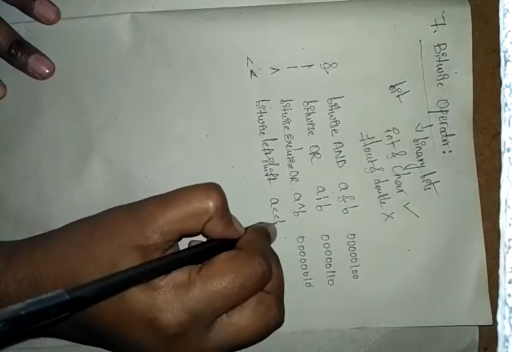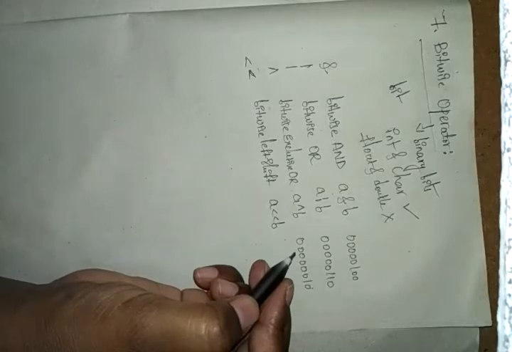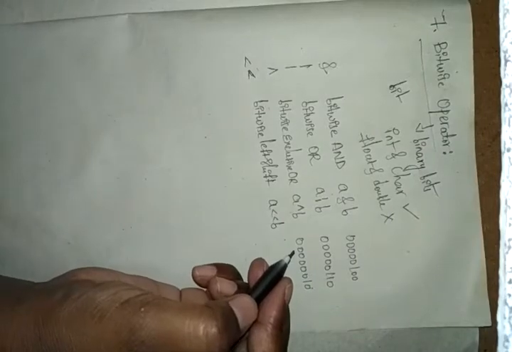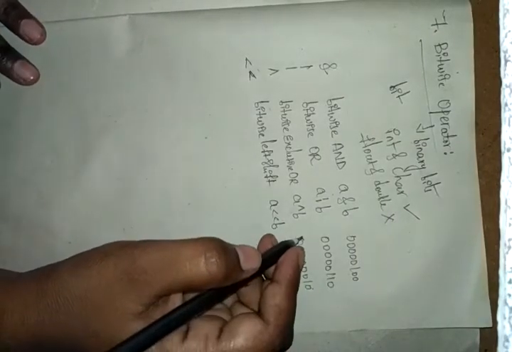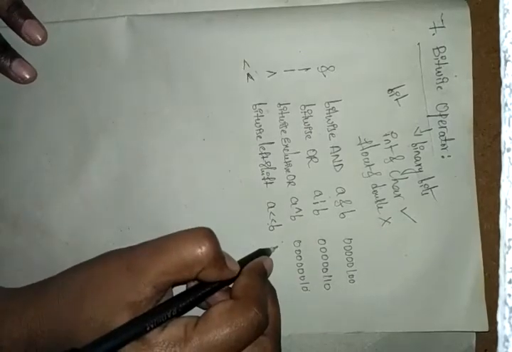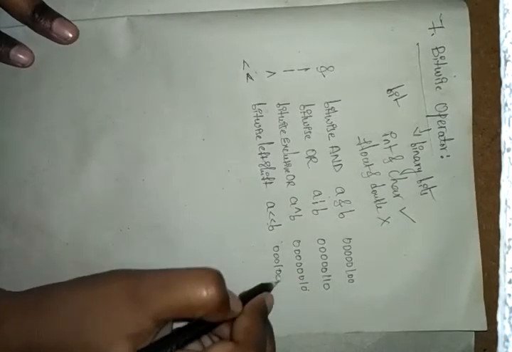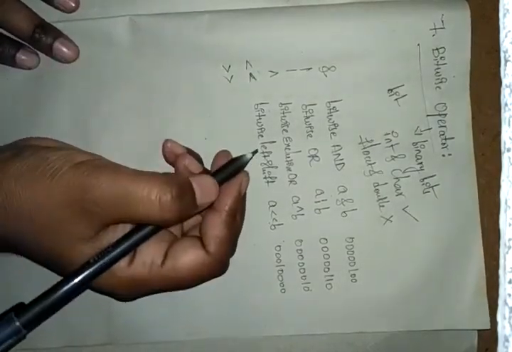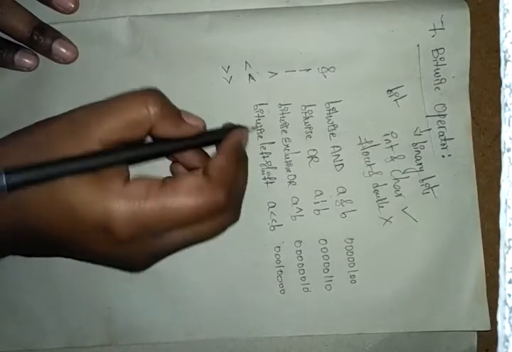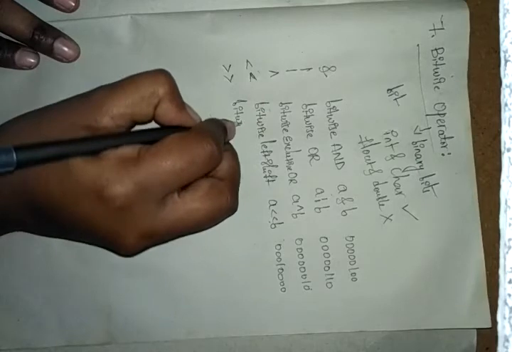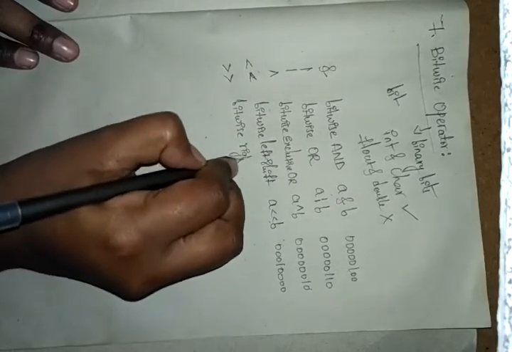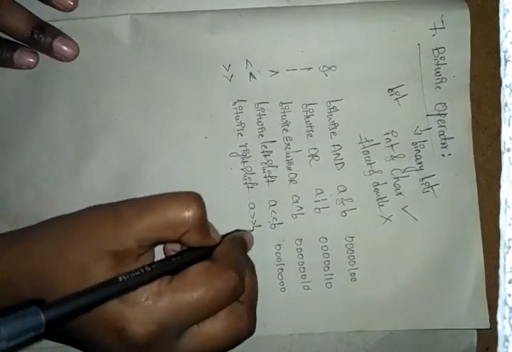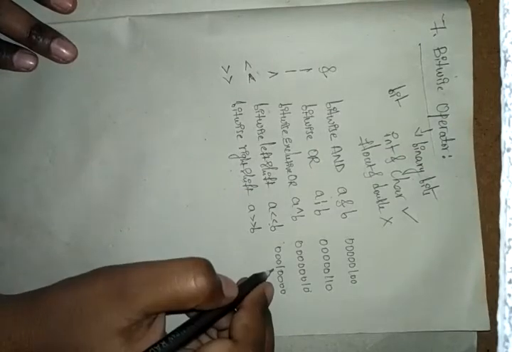A less than B in relational, but here we call it A left shift with B. And next we have the bitwise right shift. Okay, A right shift with B.